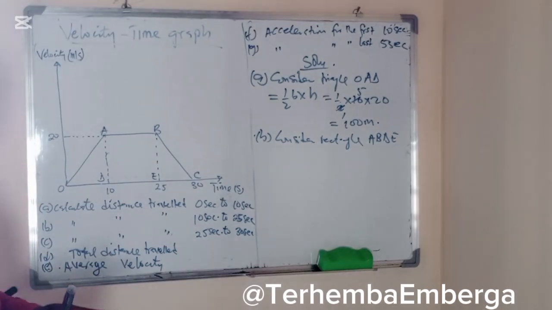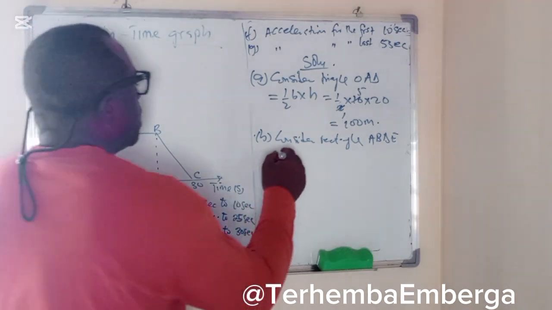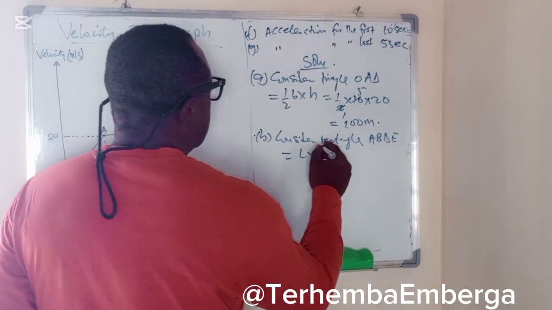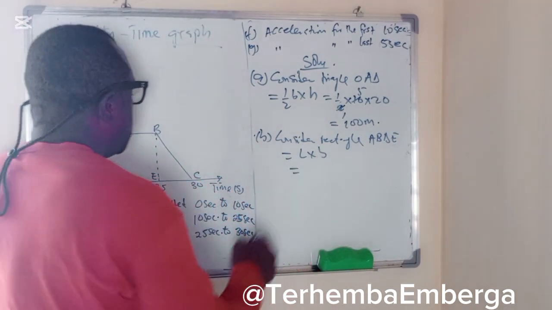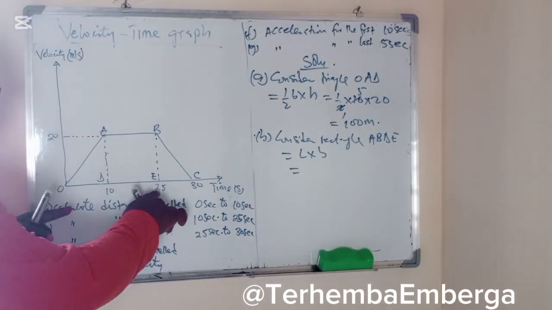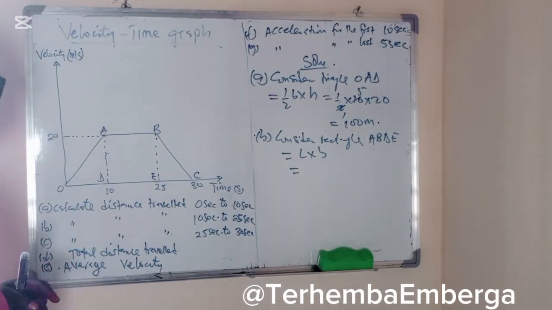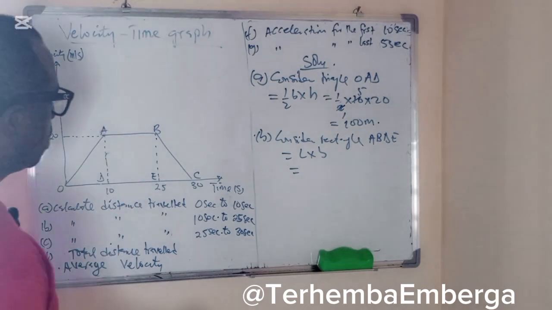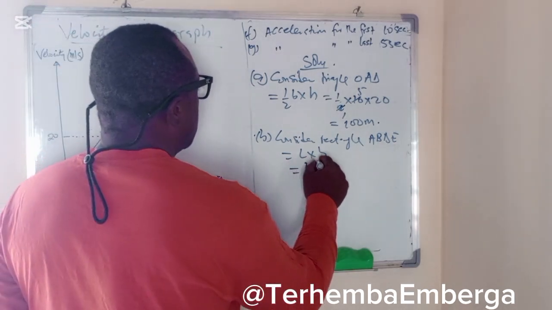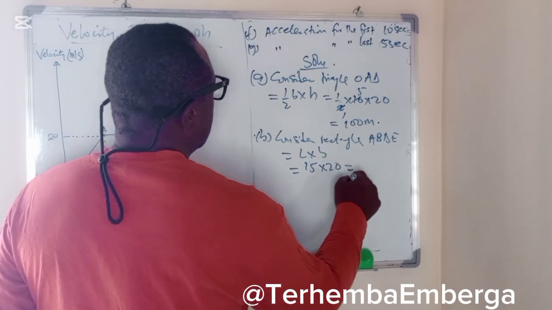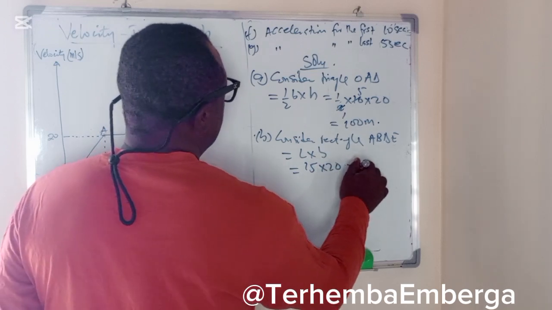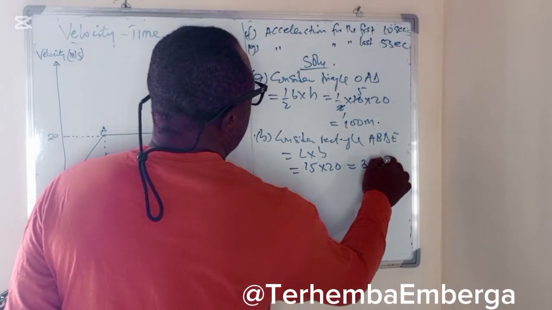It's length times breadth. And what is the length in this case? The difference between 25 and 10 is 15. And the height here, or the breadth, is 20. So that will be 15 times 20, and if I multiply that, that should give us 300 meters.